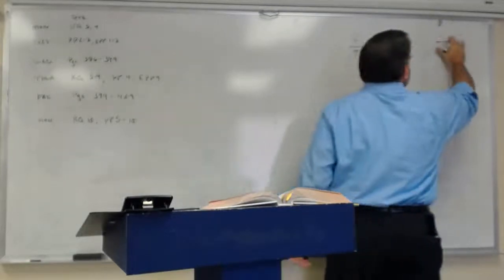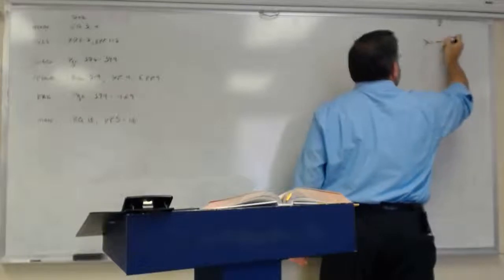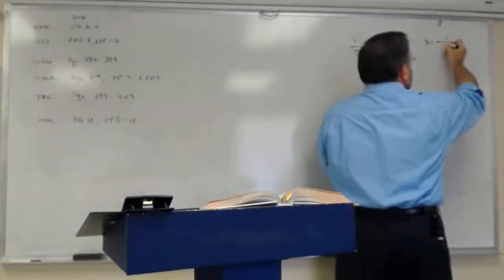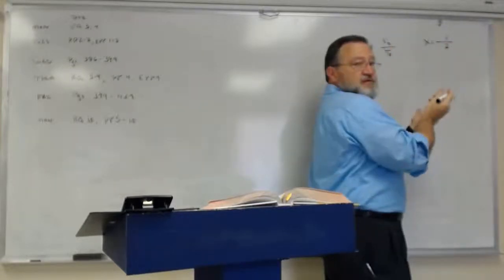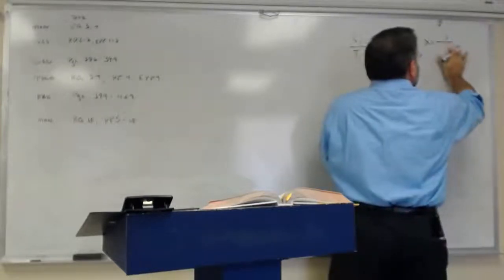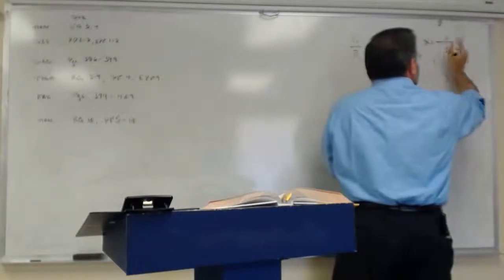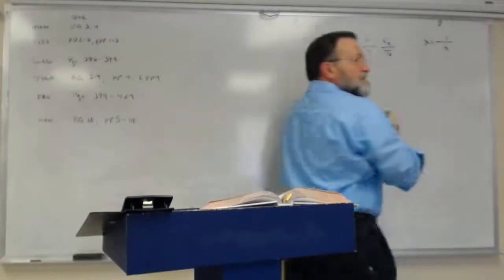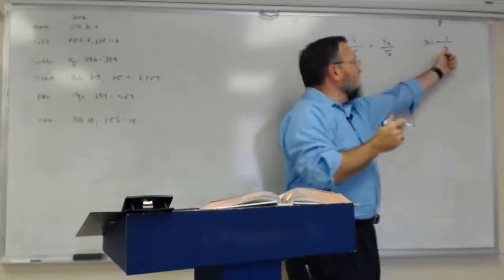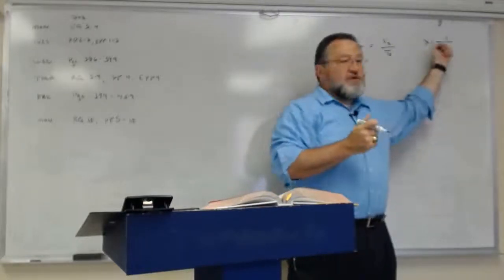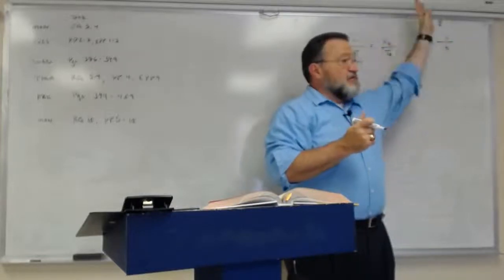Let's say x equals 1 over something. If it's 1 over 2, it's a half, right? If it's 1 over 1, it's 1. If it's 1 over a half, it's 2. As the denominator gets smaller and smaller, what happens to the value of the equation? It gets greater, it gets bigger.